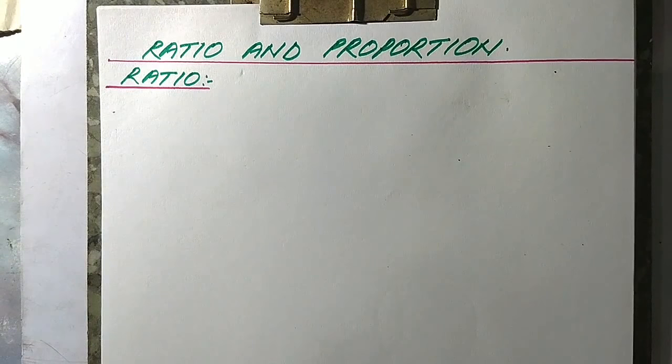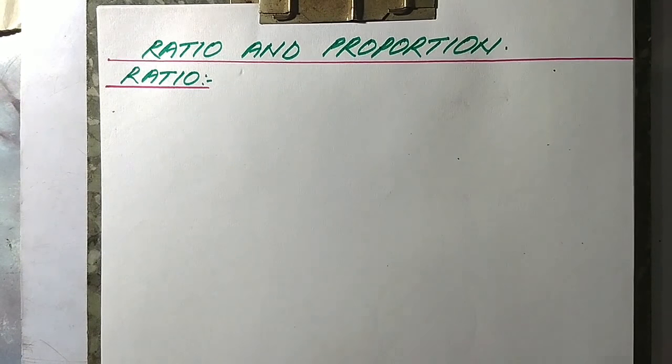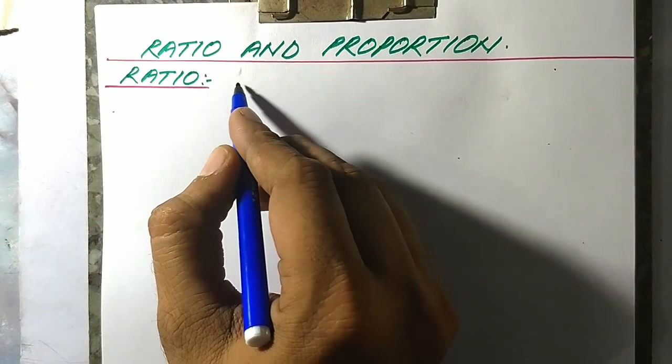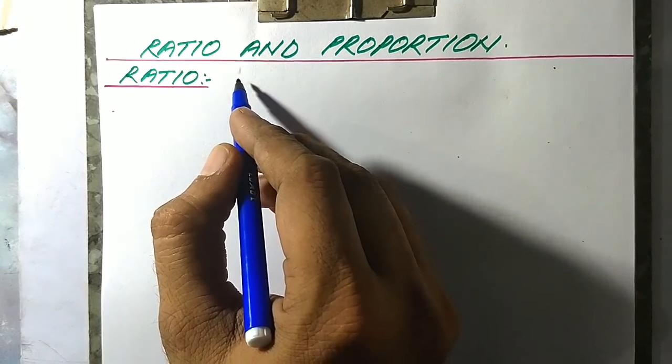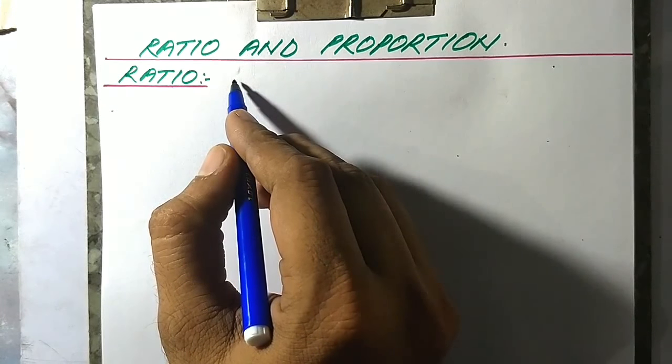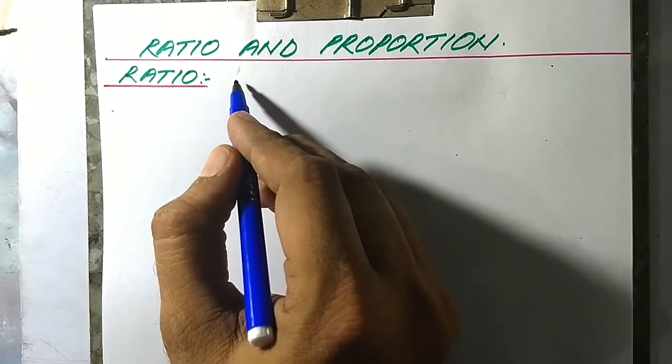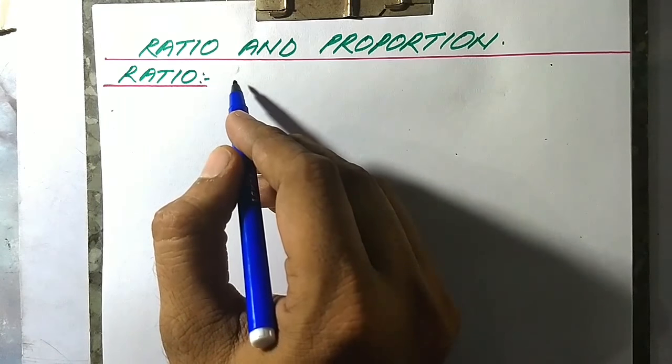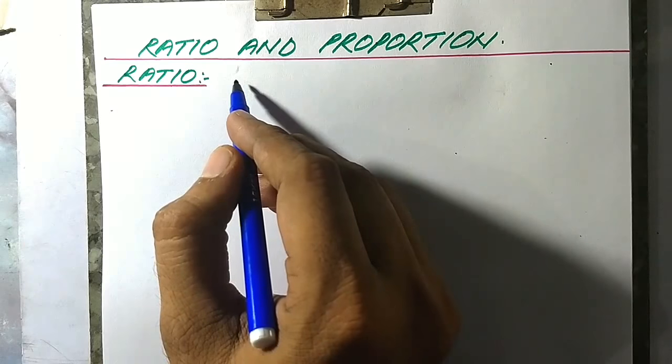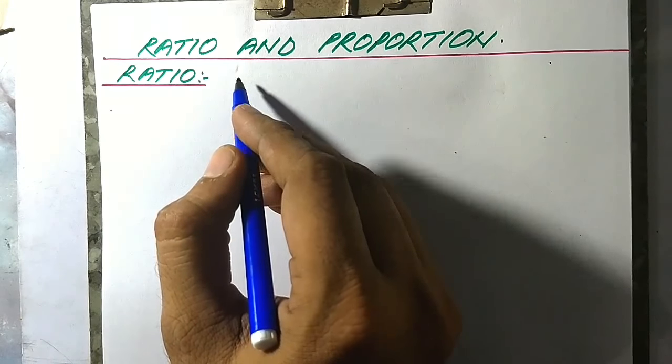So let us talk about ratio first. Basically, the ratio is the comparison of two quantities in the same unit in the form of division.